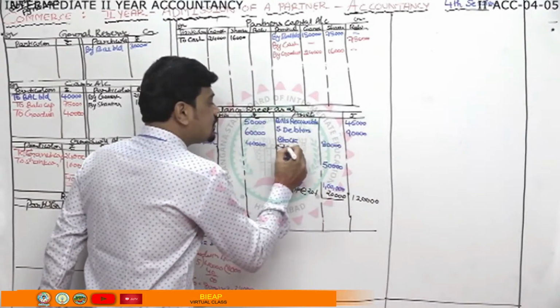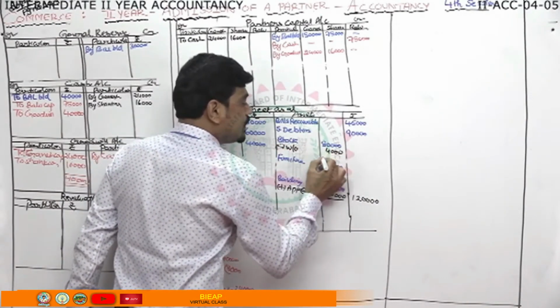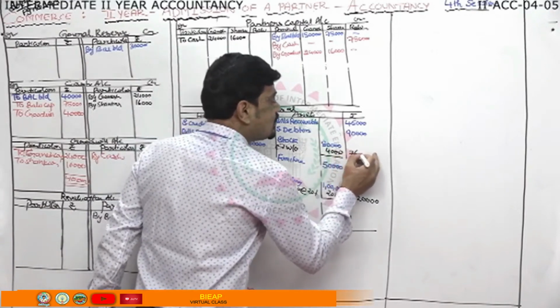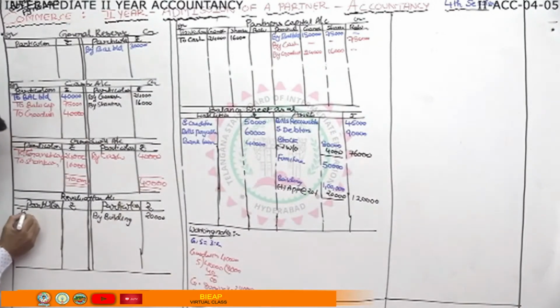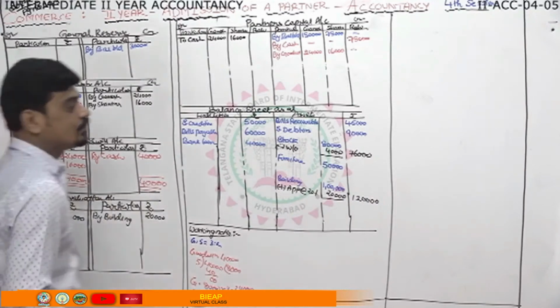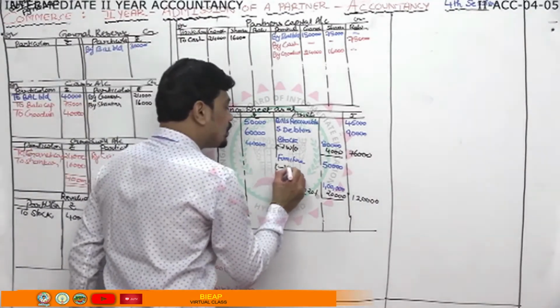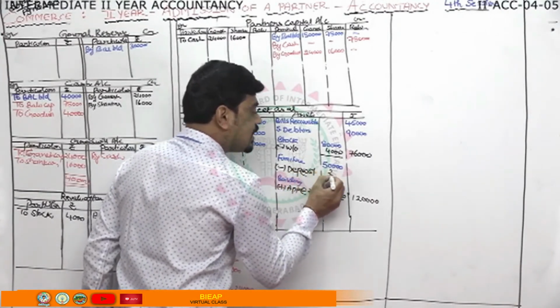So minus written off 4,000, 76,000 is the answer. This will go to revaluation, debit side, to stock 4,000. Like that, furniture minus depreciation at 5%. 5 5s are 25.